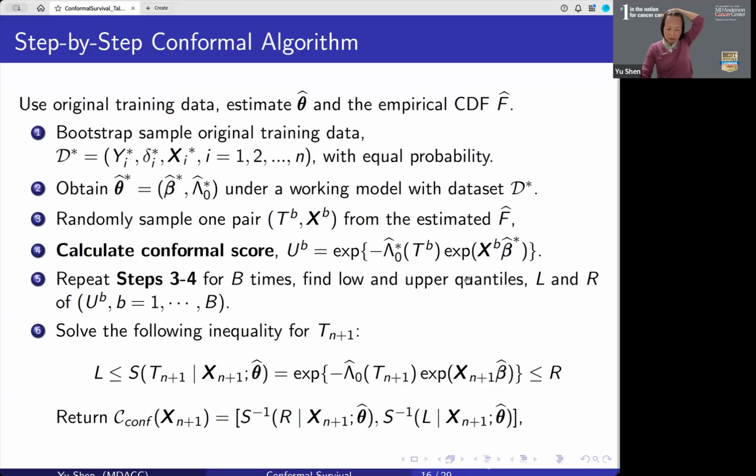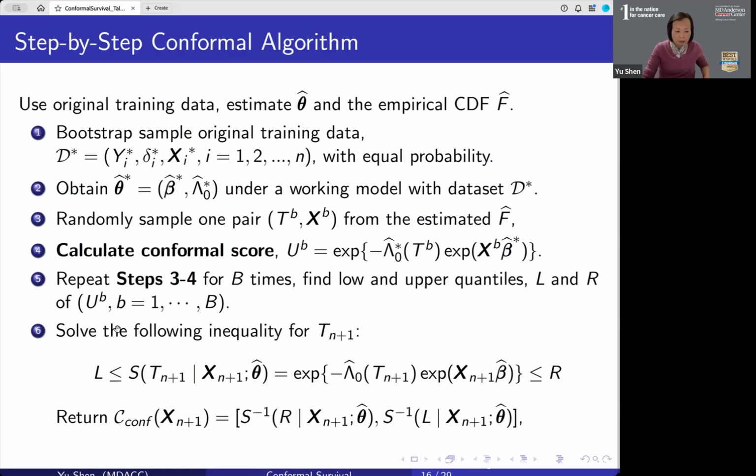The conformal score is just defined by the survival probability. Then we calibrate that. The purpose of these two steps is to calculate the conformal score, and then find the lower and upper quantiles of this conformal score.